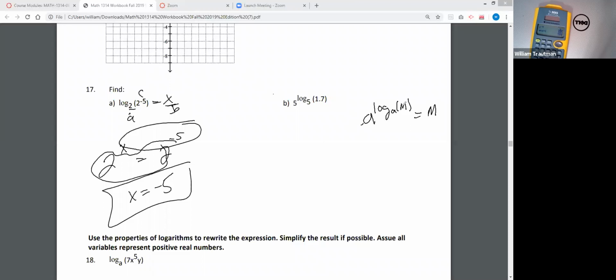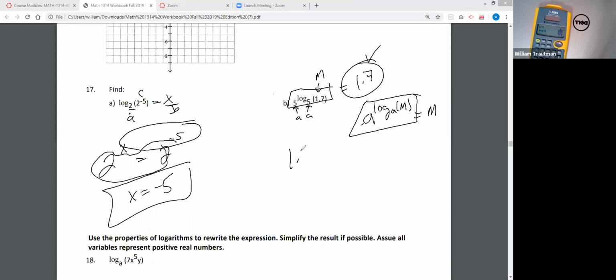Do you see how these two are A's? This is the M. So if you have this, the answer is just M. The answer to this problem is 1.7. And that's from our formula sheet.